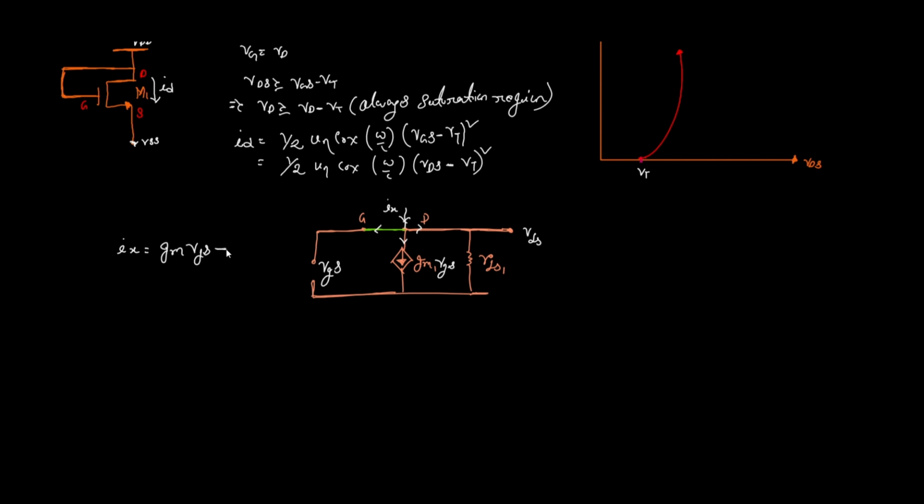And another current we can write as VDS divided by rds1. So we can write that VGS equals VDS, right?